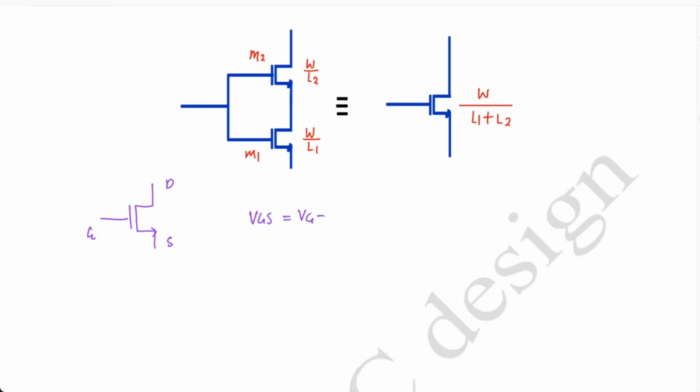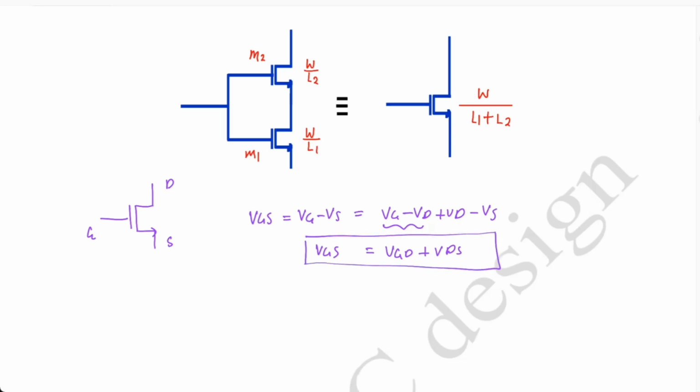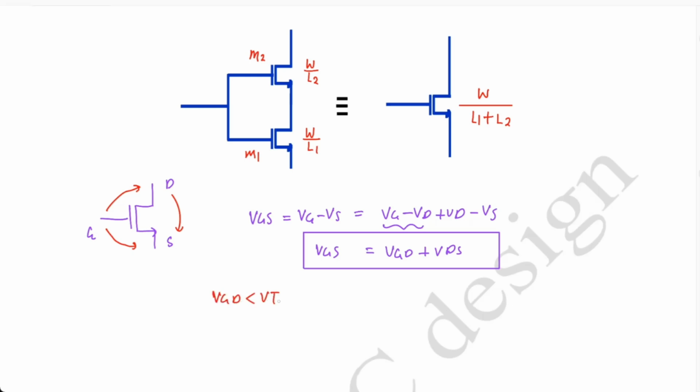VGS will be VG minus VS. Now we add and subtract VD: VG minus VD plus VD minus VS. So this will be VGD plus VDS. This KVL is true for NMOS, so VGS will be VGD plus VDS. Now for NMOS to be in saturation, VGD should be less than VTH. Okay, then saturation.